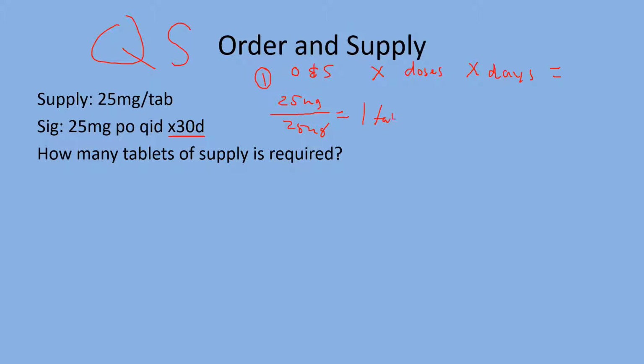How many times a day do they take that one tablet? 4. For 30 days. So one tablet per dose times 4 times 30 for a QS of 120. So we'll give them 120 for that 30-day supply.